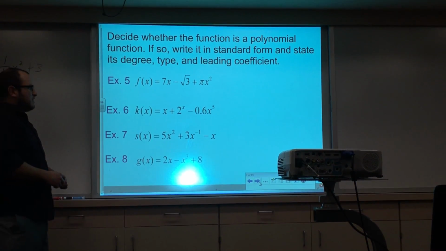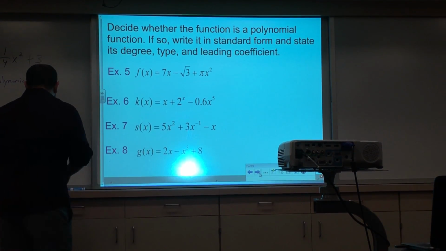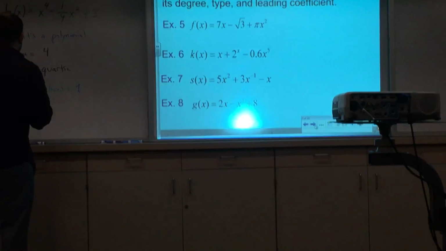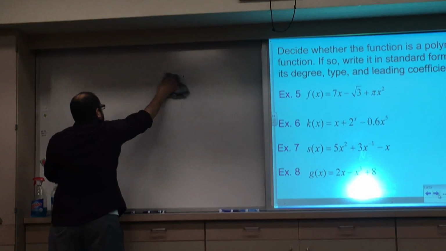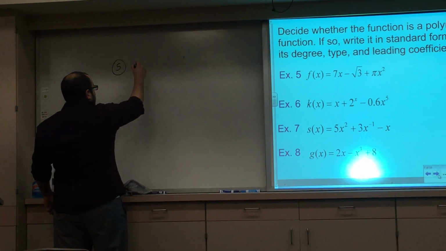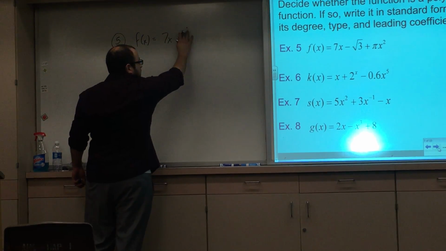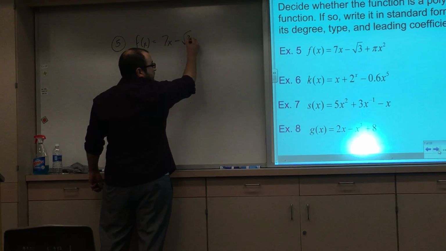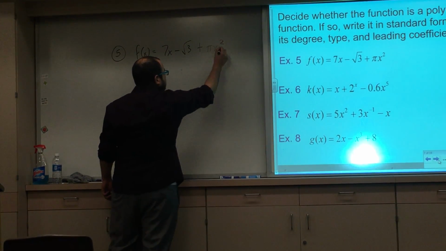If you look at number 5, I'm going to go ahead and rewrite this. f of x is equal to 7x minus radical 3 plus pi x squared.